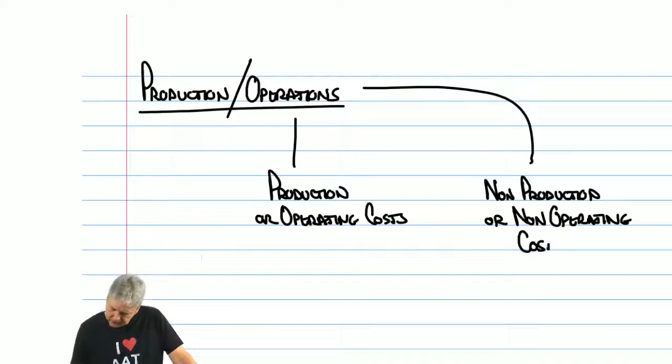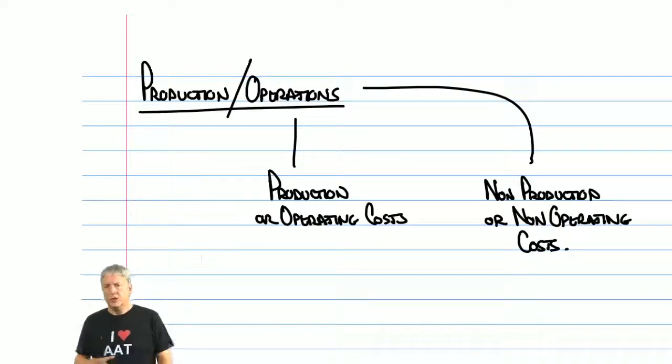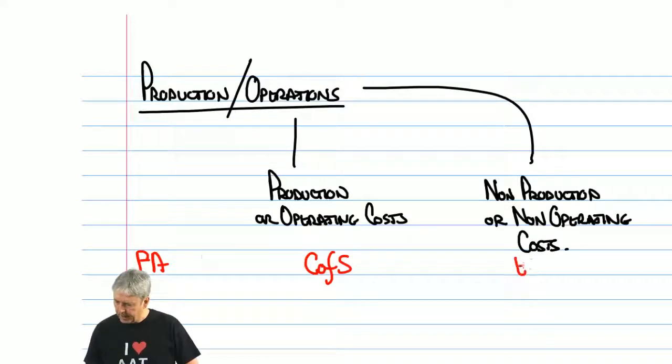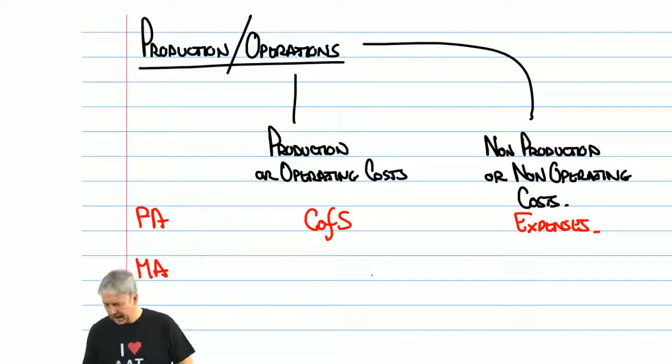Now, this distinction is made for a number of reasons. You could say, from a financial accounting perspective, that this is where we have our cost of sales and our expenses. But from a management accounting perspective, we're simply looking at cost control because we want to understand where things arise. Okay?